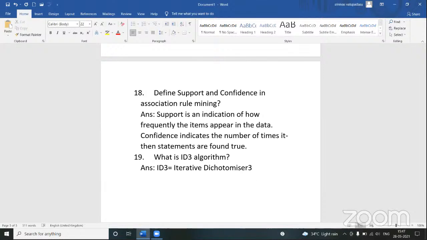So what is this algorithm? ID3 is a classification algorithm. It follows a greedy approach of building a decision tree by selecting the best attribute that yields maximum information gain or minimum entropy.